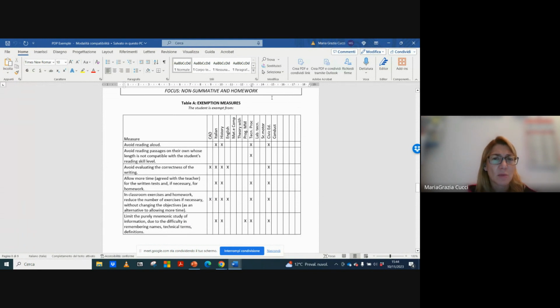In this first table, you have the exemption measures. For instance, for this specific student, you can avoid reading aloud in Italian and history. And this is an example of exemption. It is a dispensation.